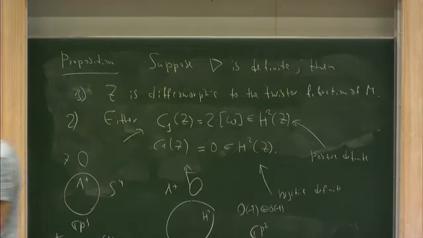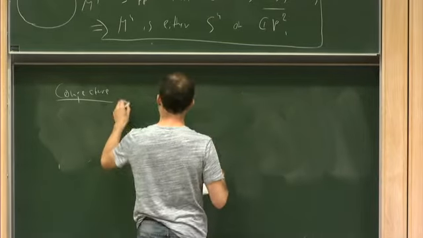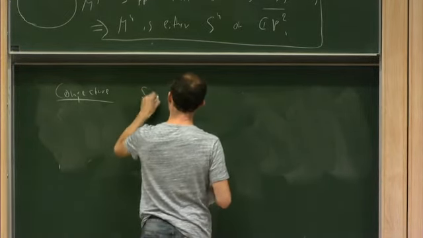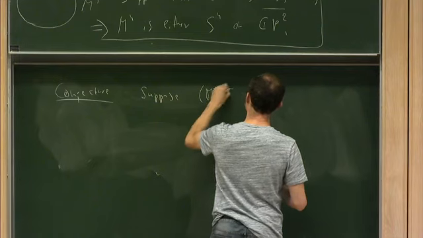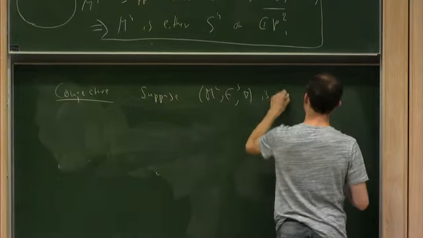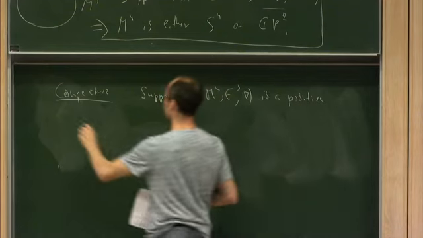Okay, so the conjecture is basically: suppose (M4, E3, nabla) is a positive definite connection.